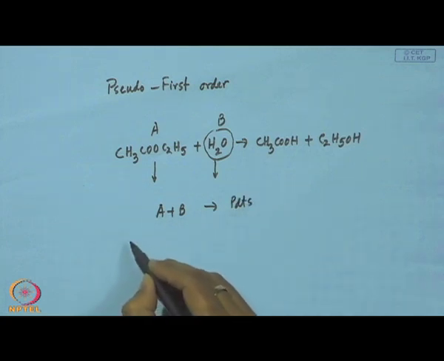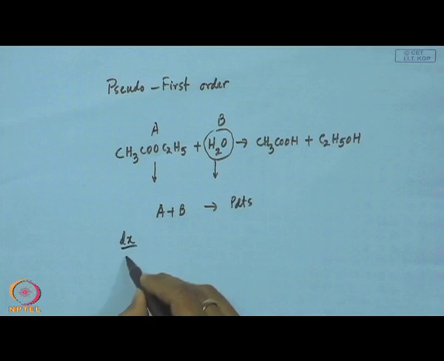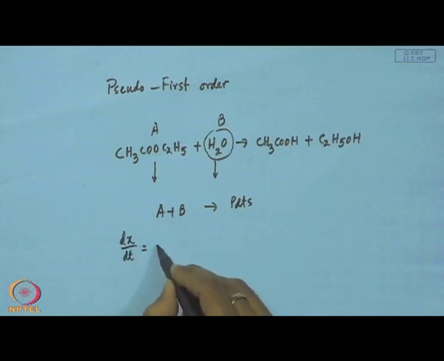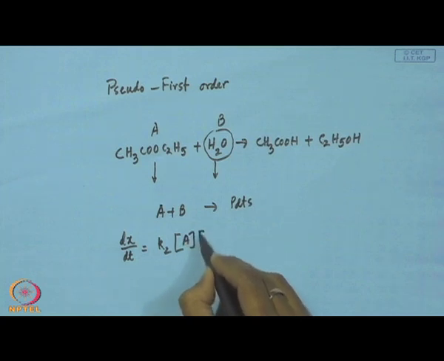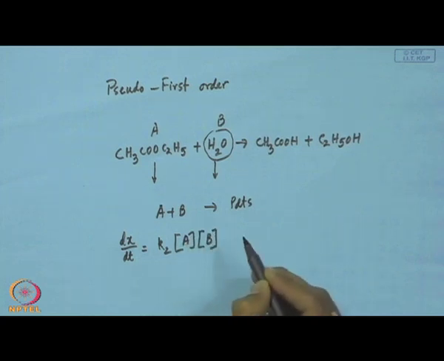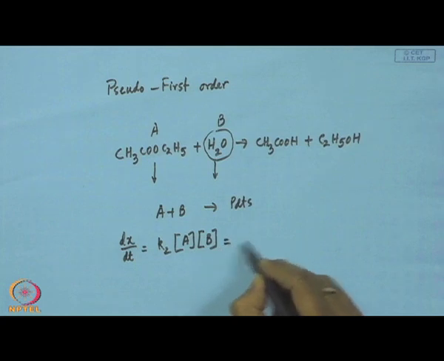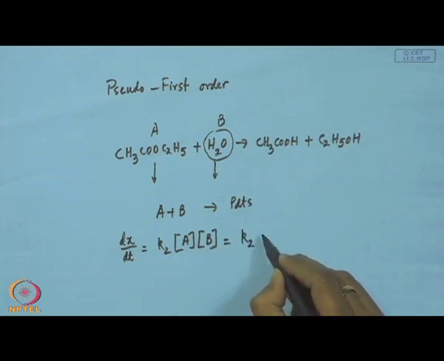So, your rate expression will be dx/dt is equal to K2 (A naught minus x) times (B naught minus x). I already have talked about this expression, it is a general second order expression.